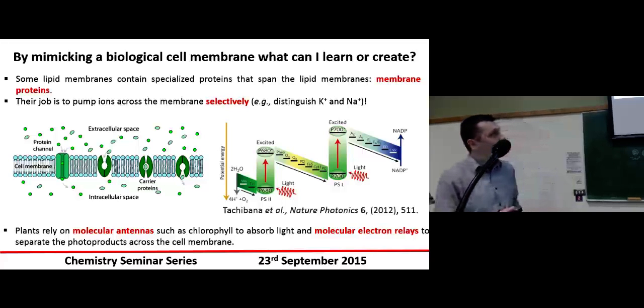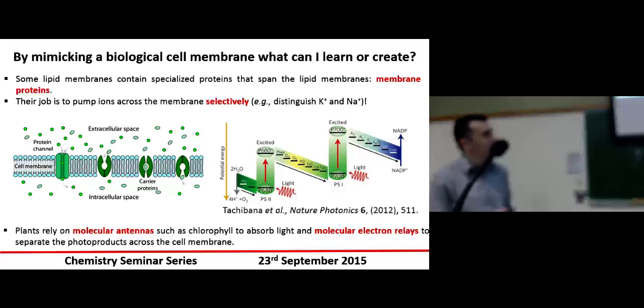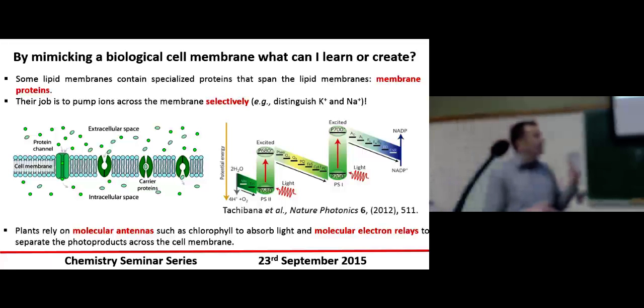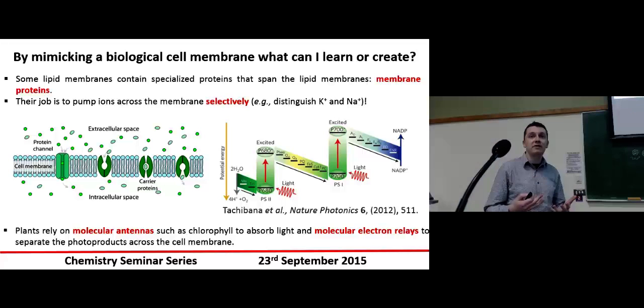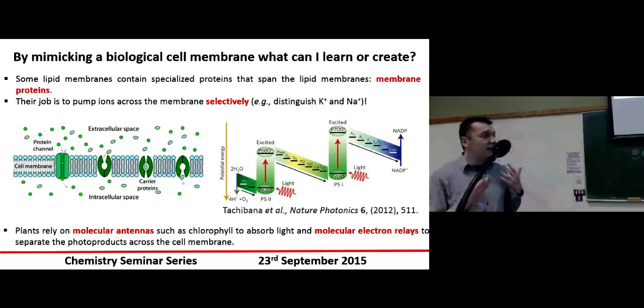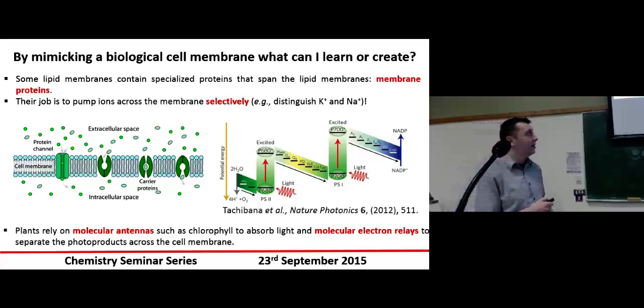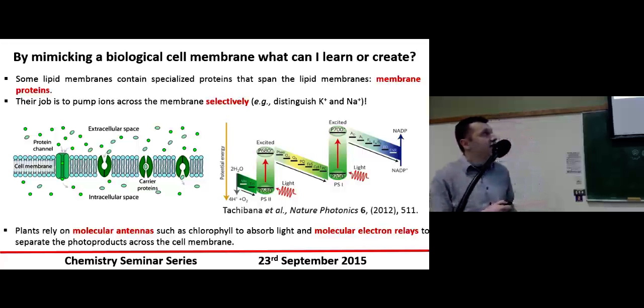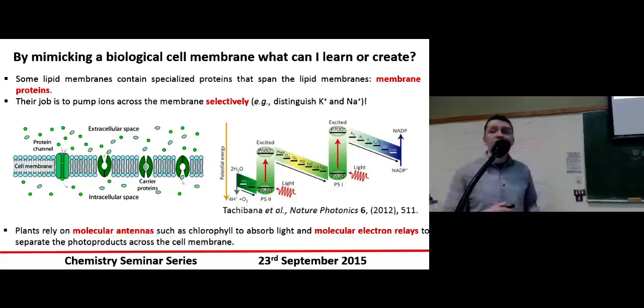So this is the Z scheme here of artificial photosynthesis, and plants have no semiconductors in them. They absorb light using dyes, so basically molecular species. And then there's a relay here, so they have a molecular relay to achieve charge separation.